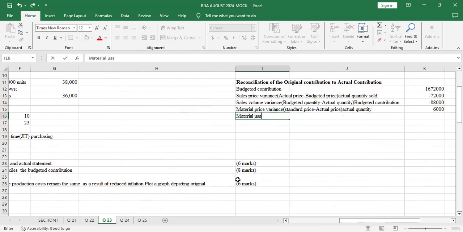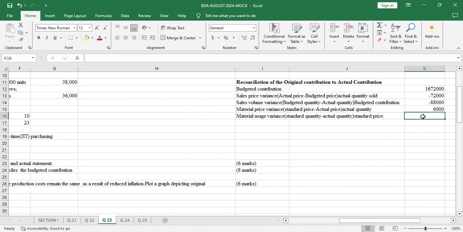The formula for material usage variance is the standard quantity minus actual quantity, then you multiply by the standard price.